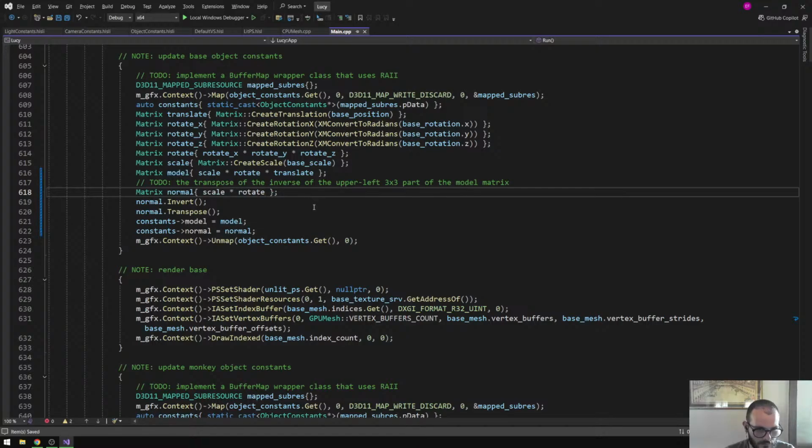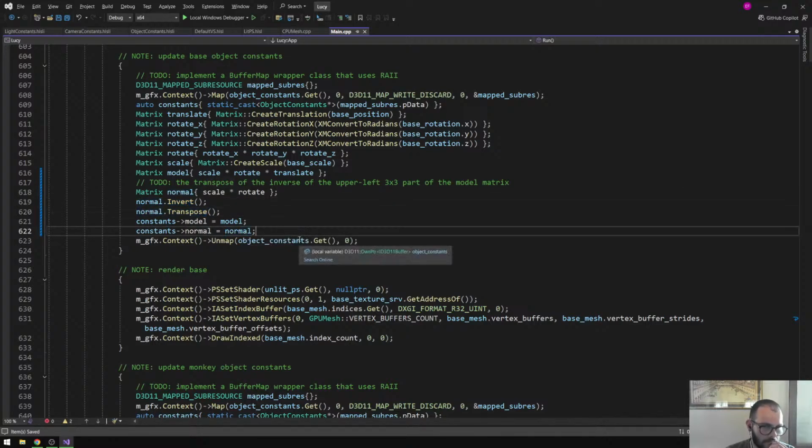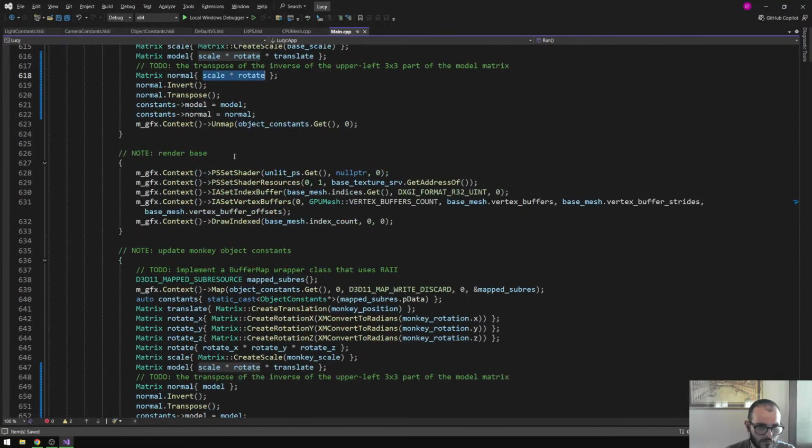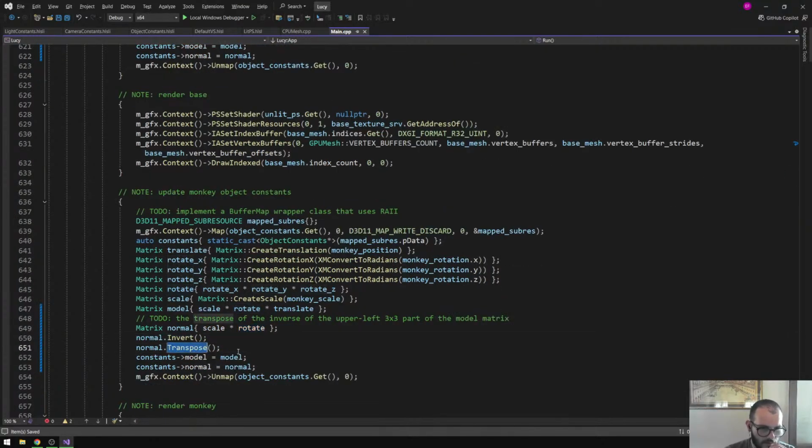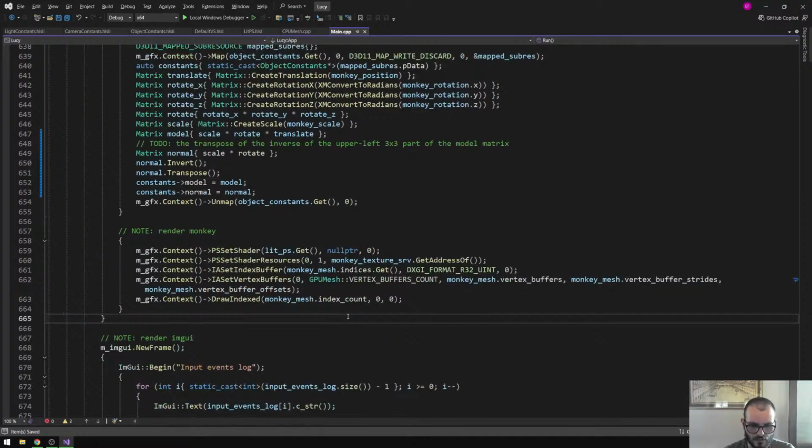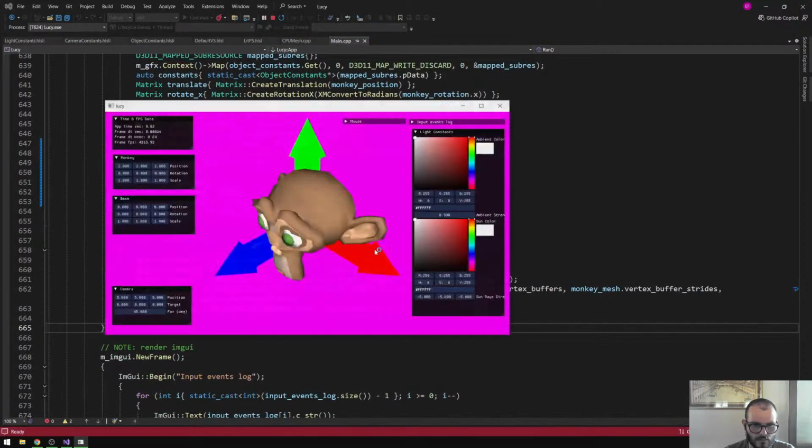Then we invert, and then we transpose. Okay, and then we upload the normal. We scale and rotate, we invert, and we transpose, and then we update the normal. Okay.